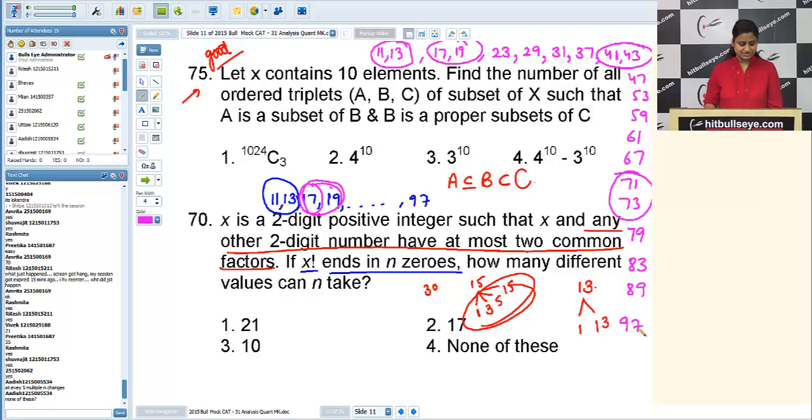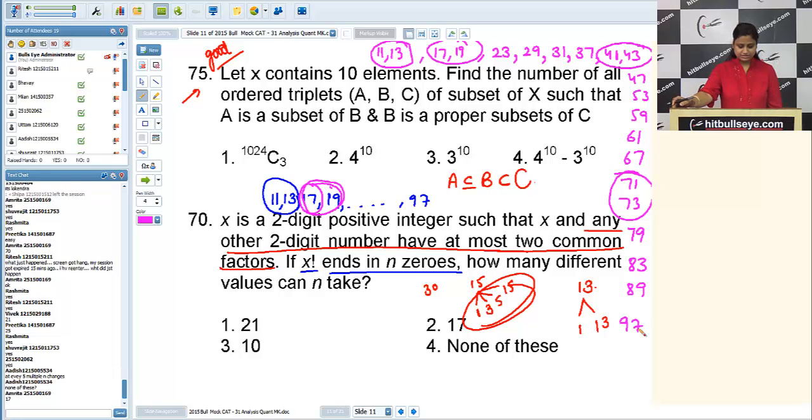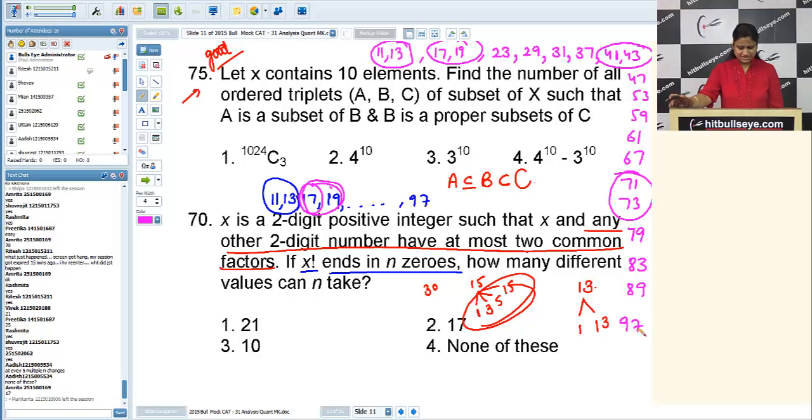So these many possibilities are here. So you can calculate that. I don't remember the answer. I think it's 17. Yes, 17 is the answer. Not 18. 17 will be the answer in this case.